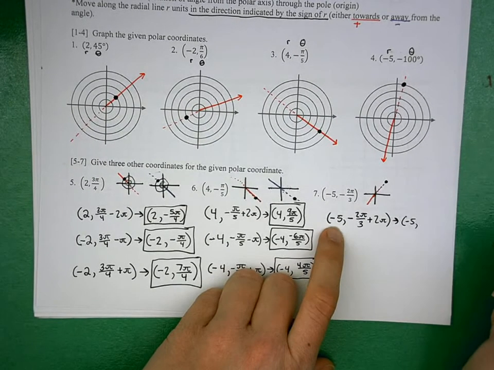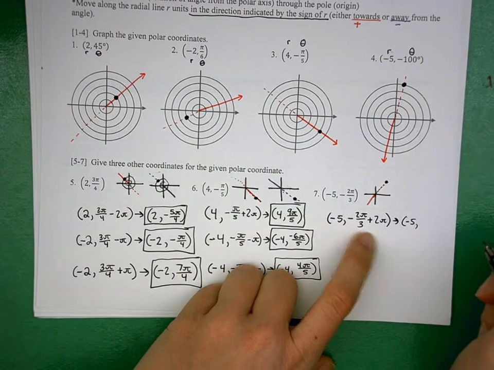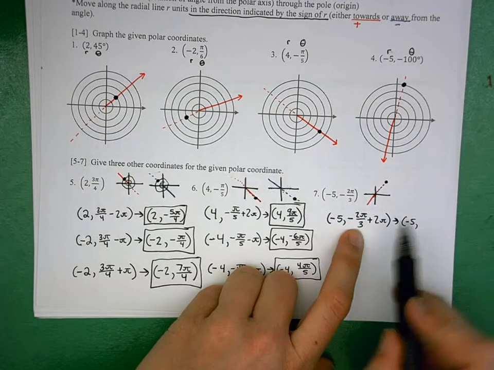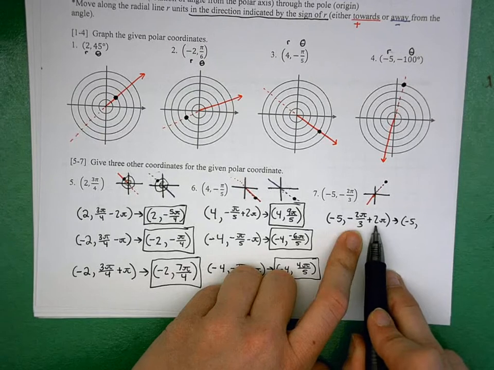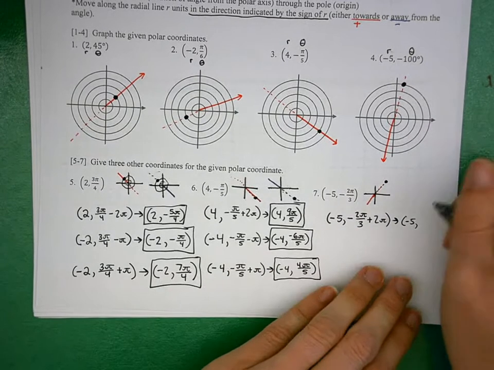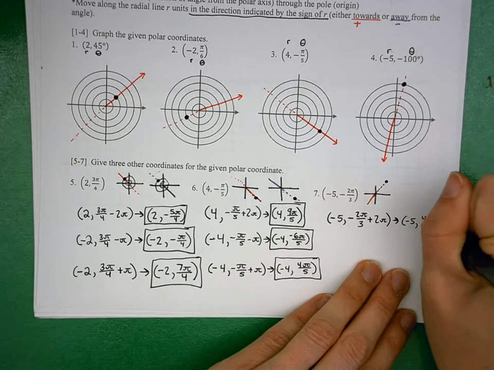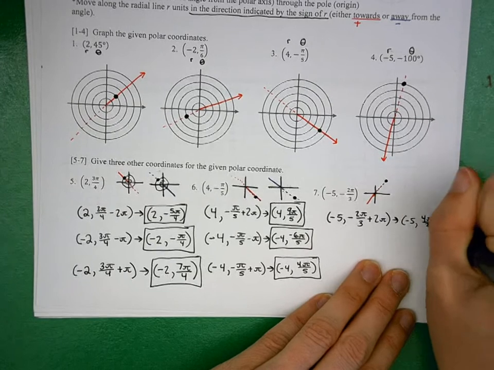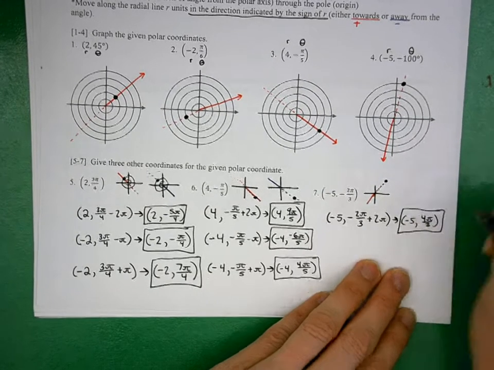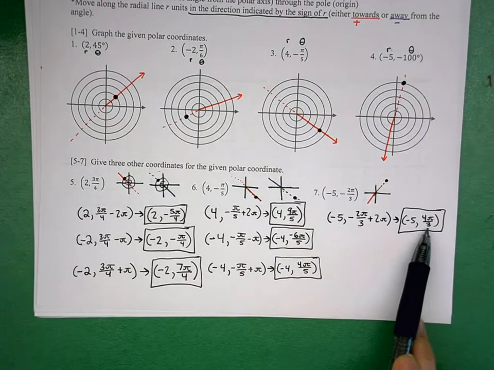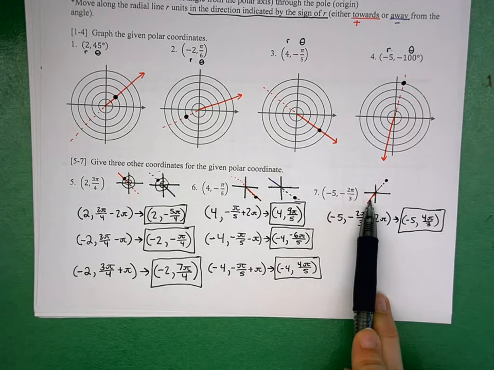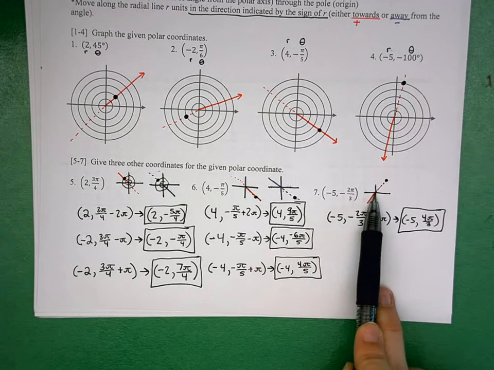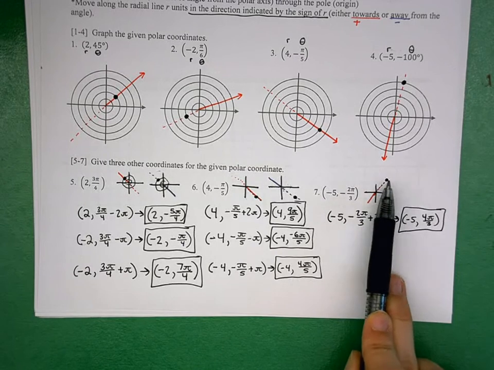Negative 2 pi over 3 plus 2 pi is negative 2 pi over 3 plus 6 pi over 3, common denominator, which is 4 pi over 3. Okay. Checking that coordinate point, 4 pi over 3 rotation puts us in the third quadrant. Negative 5, opposite from that angle, 5 out, same coordinate point.